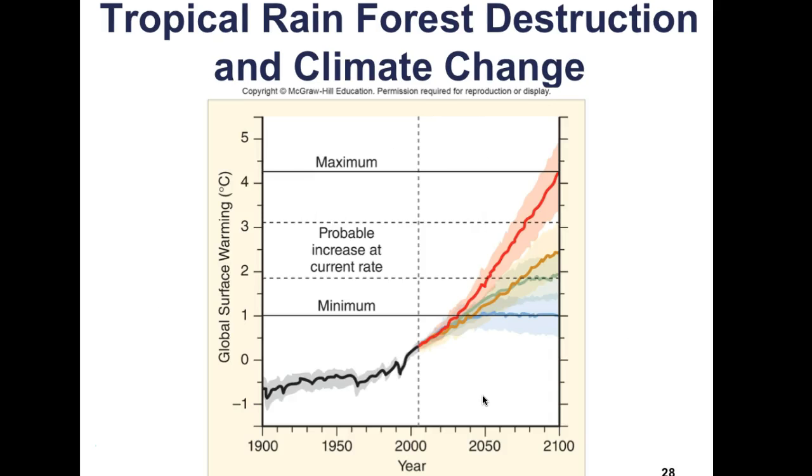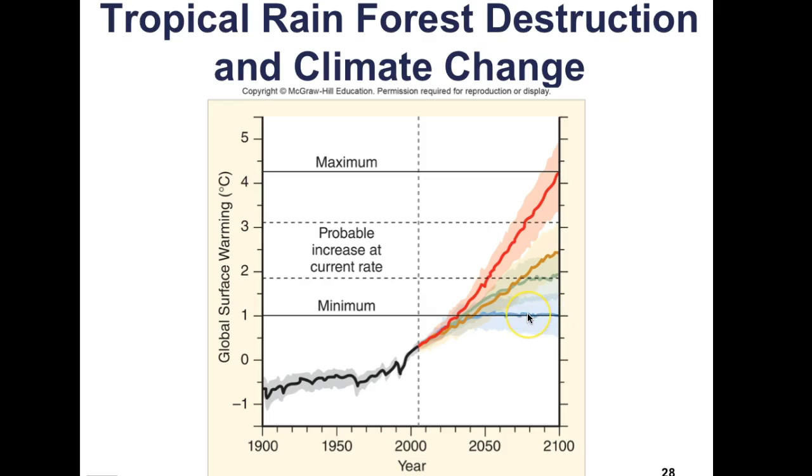And if we look at tropical rainforest destruction and climate change from the 1900s up to the 2100, here's the year 2000. These are projected across the x-axis. We do have the date in years. Up and down on the y-axis, we have the global surface warming in degrees Celsius. So we do see basically what our minimum would be at 1 degree Celsius.